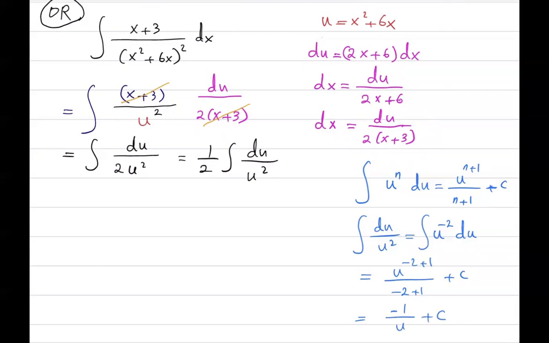So let us take this quantity and substitute it here. You have a half times negative 1 divided by u plus constant of integration.